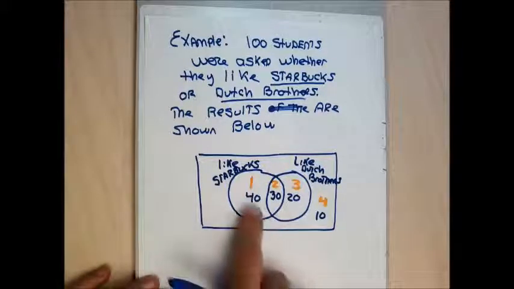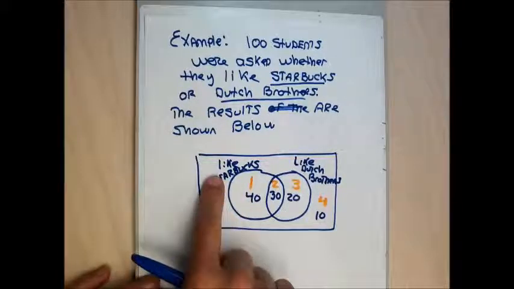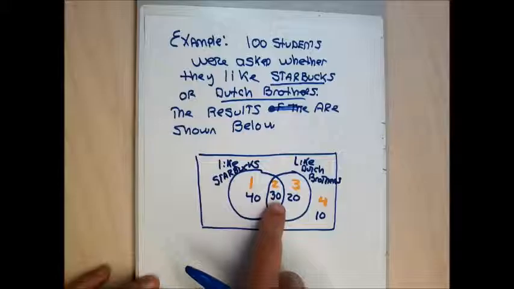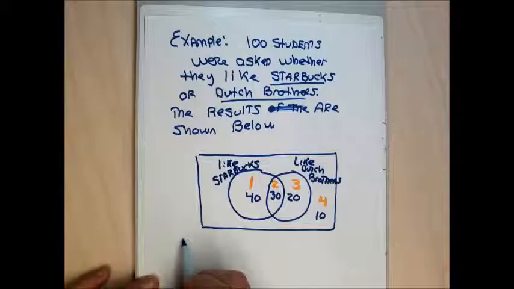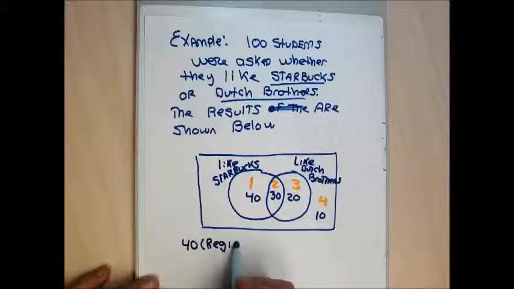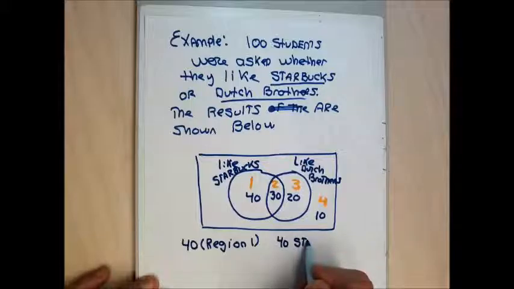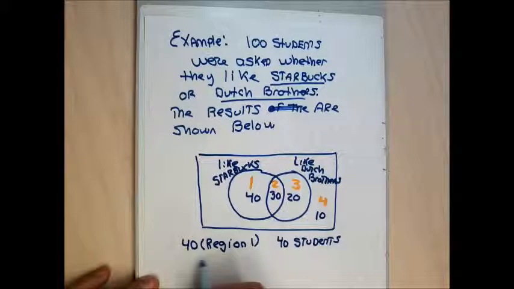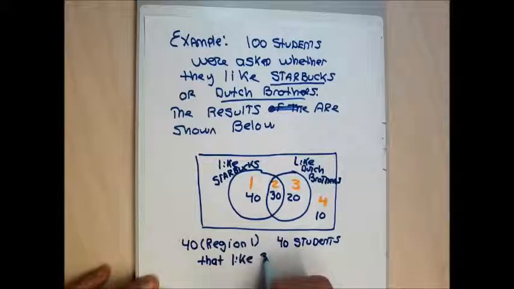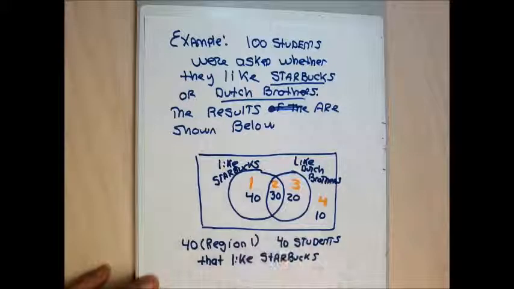So in region 1, that 40 is inside the like Starbucks circle, but it's not in the part of the Starbucks circle that overlaps with the Dutch Brothers. So that 40 from region 1 represents 40 students who responded that they like Starbucks, because they're inside the Starbucks circle, but they're not inside the Dutch Brothers circle.